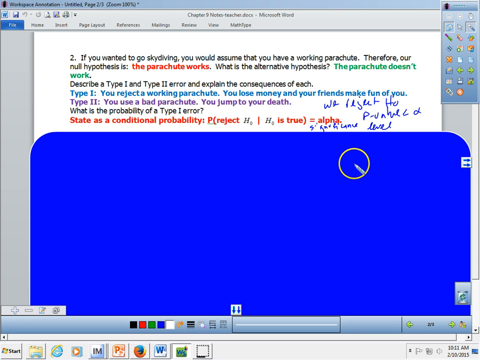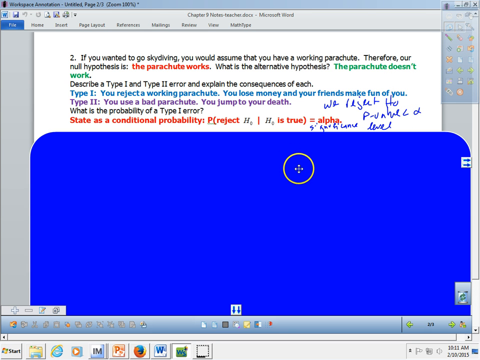So if the type 1 error is decided to be more egregious, then we're going to make sure that our alpha level is decreased to where it's a little bit more difficult to get under that alpha level and reject H naught. Okay?